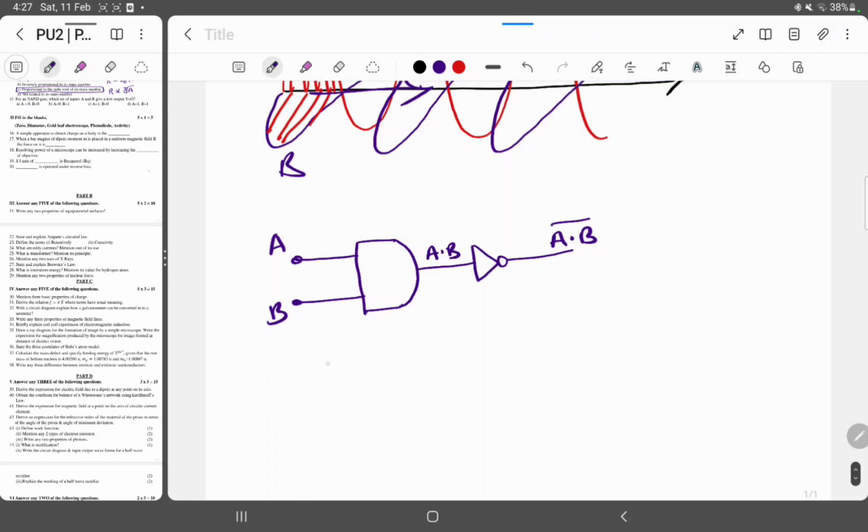Okay, so let me write the truth table. A, B, this is Y. We want the output A and B whole bar. When do we get a 0 output? See, 0 0, 0 1, 1 0, 1 1. These are the combinations. You may give 0, 0 as two inputs, 0, 1, 1, 0, and 1, 1.